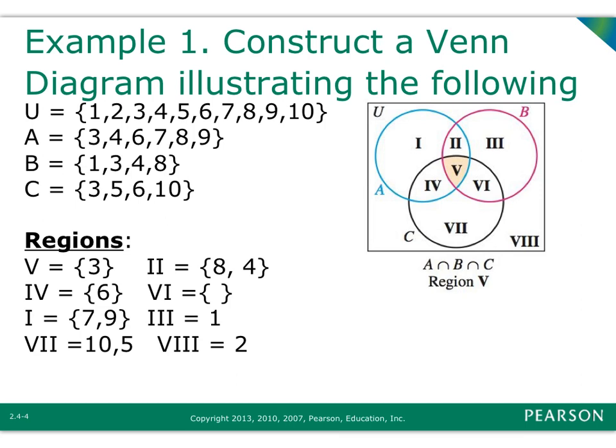So you will notice immediately that when we look at region 5, there is only one element that is common to all three sets. It happens to be 3. So in region 5, the set {3} is in fact the only number that's common.